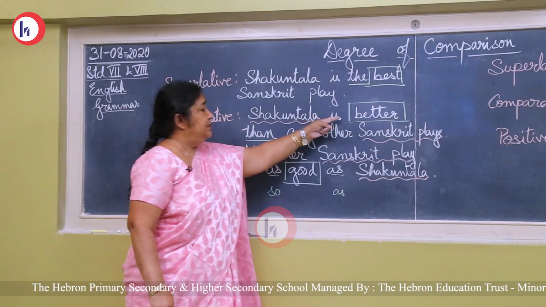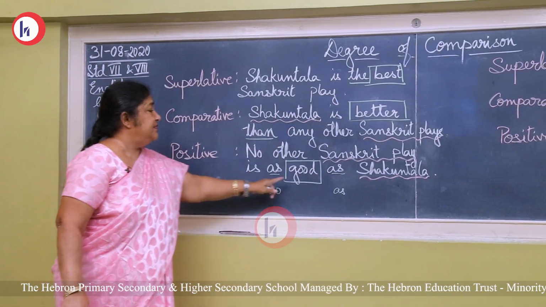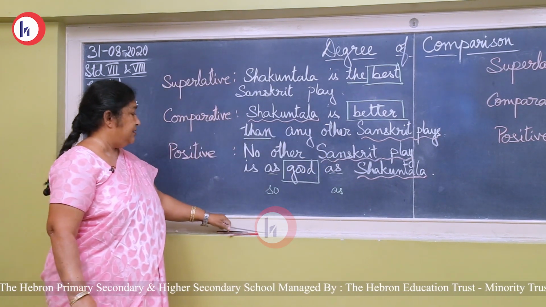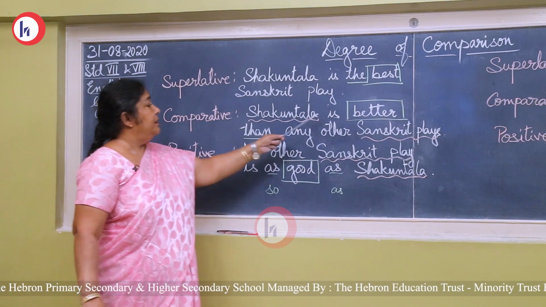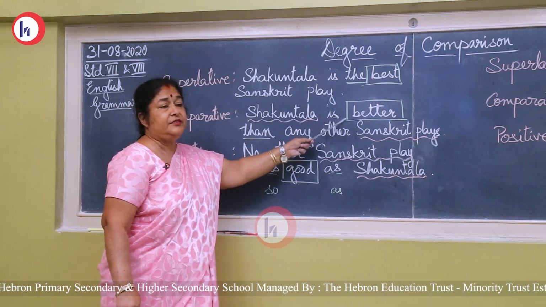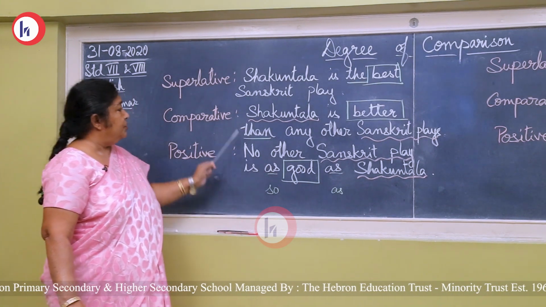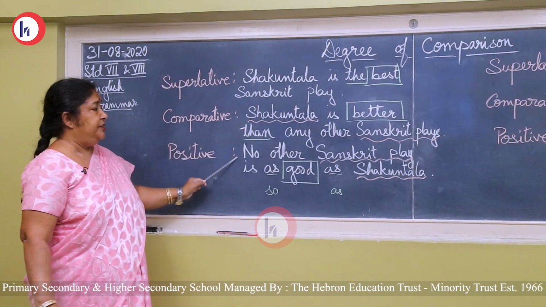Now better became as good as. The positive of better is as good as. There is no negative word here, so we have added no other. So this has become negative here.